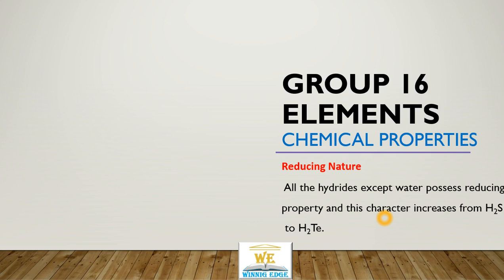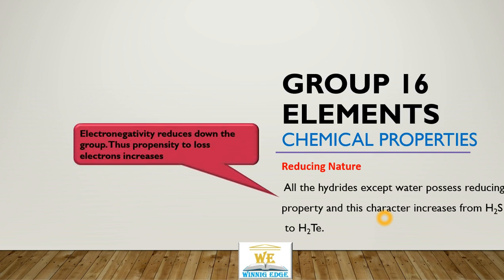What is the reason? The reason is the ease with which they can donate electrons to other species. The electron affinity falls down the group, so their propensity to lose electrons increases. That is the reason why their reducing nature increases.